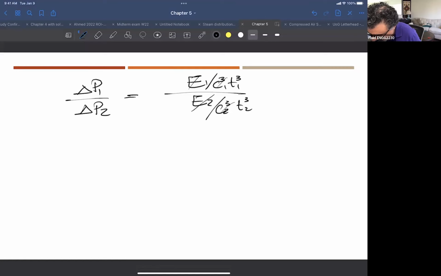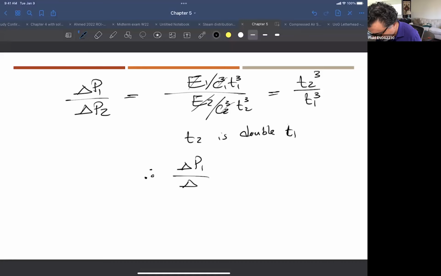That means it is T2, and T2 is double T1. Therefore, delta B1 over delta B2 is equal to 8.